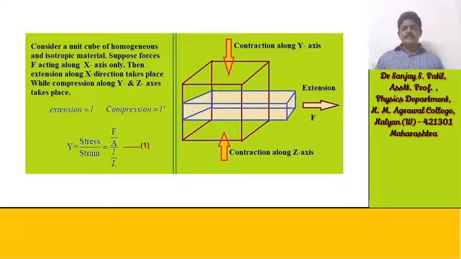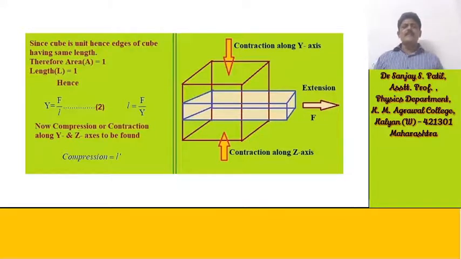Young's modulus, we know, is the ratio of stress and strain, which is equal to F divided by A, that is force divided by area, and change in length small l, that is extension, divided by original length, that is capital L. This is equation 1.